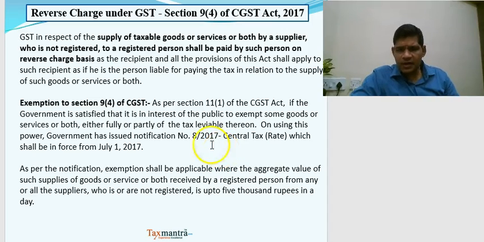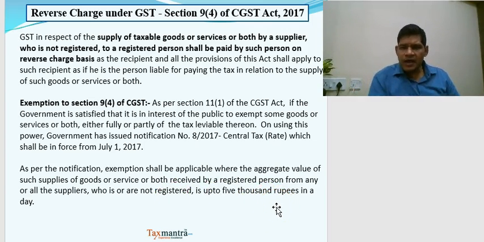The government has given an exemption as per section 11 subsection 1, which gives the government power to exempt goods or services or both partly. So using that exemption, the government has notified notification number 8 of 2017 that exemption shall be applicable where the aggregate value of such supplies of goods or services or both received by a registered person from any or all suppliers is up to 5,000 rupees a day.